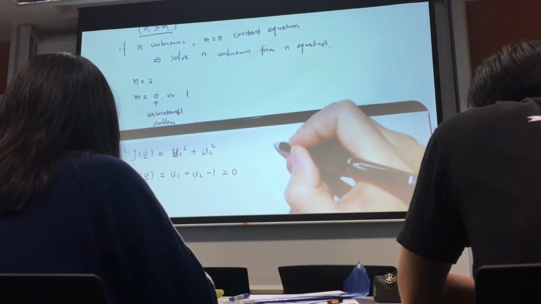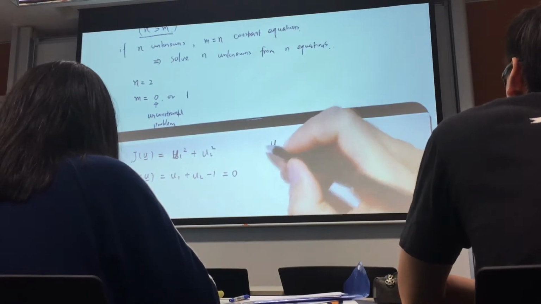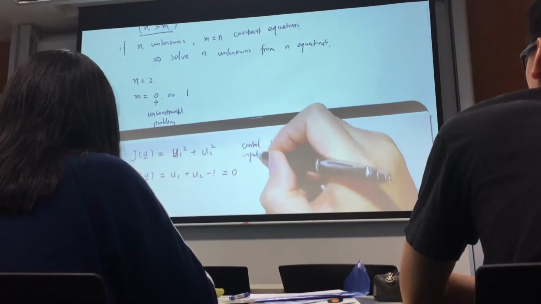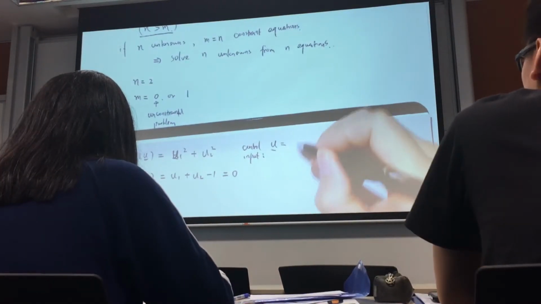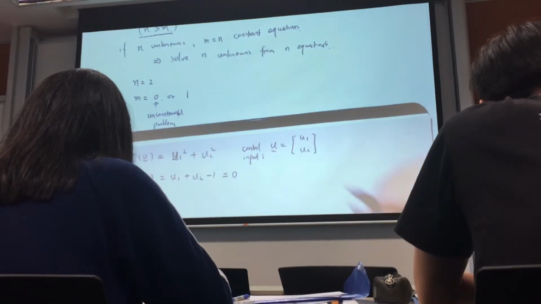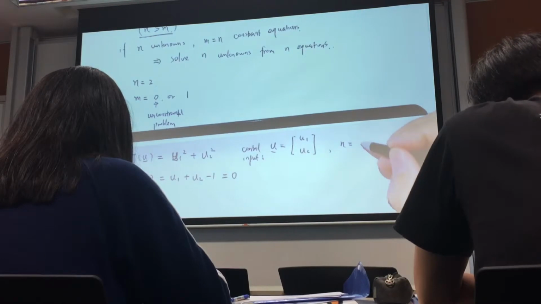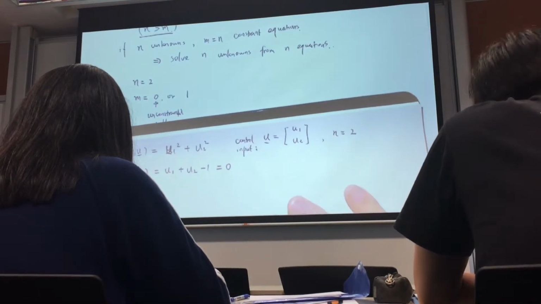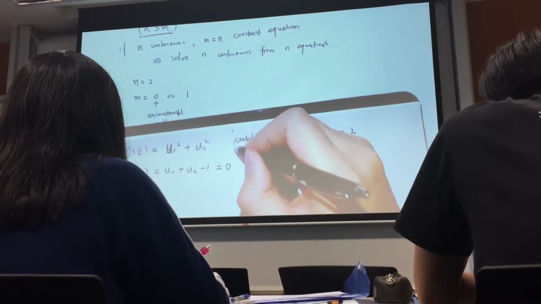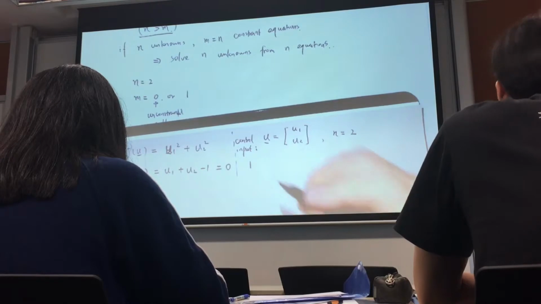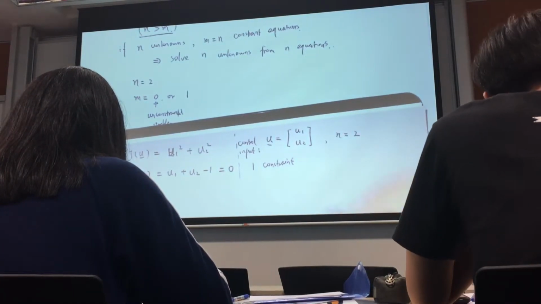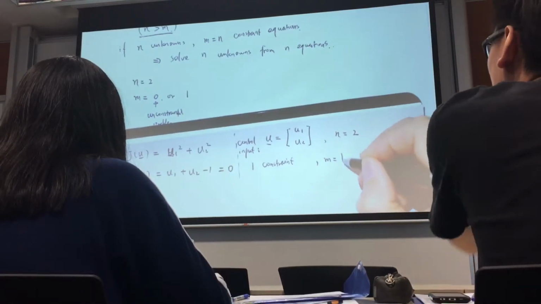In this case, the control input is given by U equal to (U1, U2), and we have n equal to 2 and only one constraint, so m equal to 1.